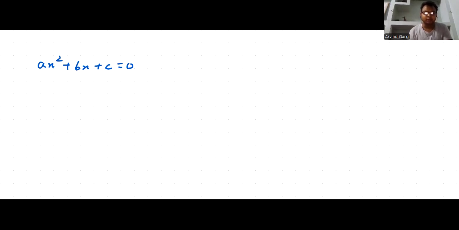For quadratic equations we can have two types of graphs: parabolic upward and downward. Now let us discuss the conditions of upward and downward. If a is greater than 0, then it must be upward. If a is less than 0, then we can say that it must be downward.